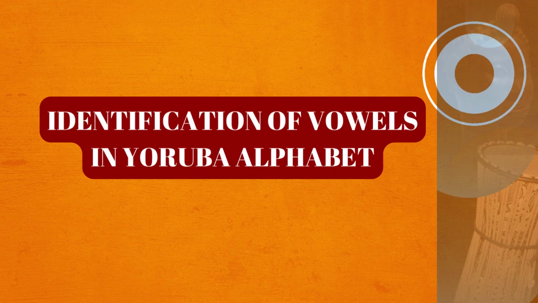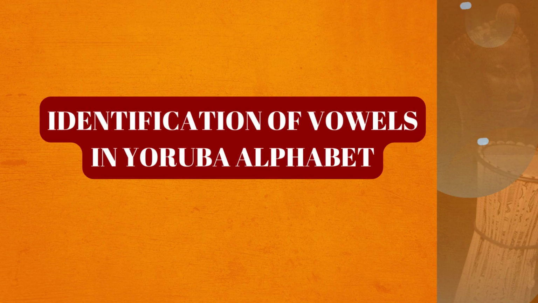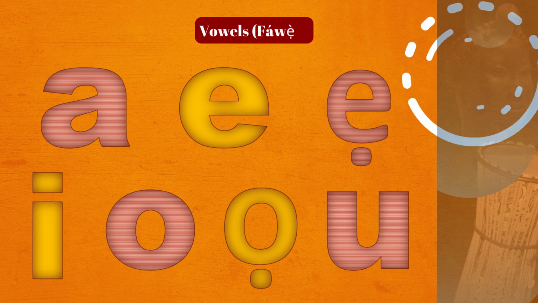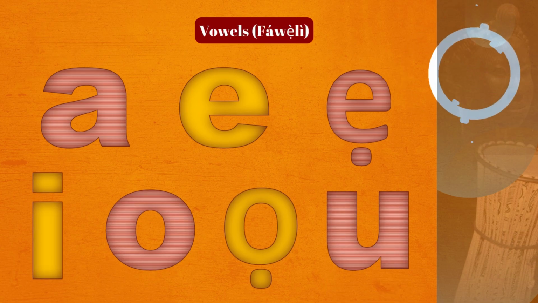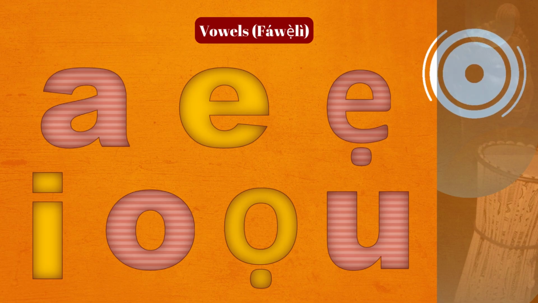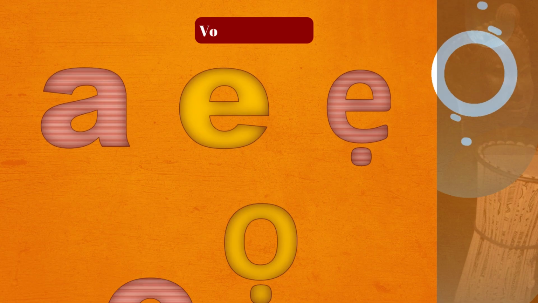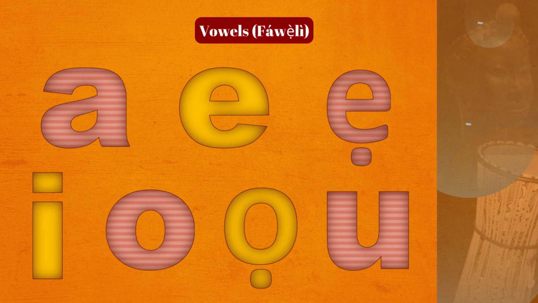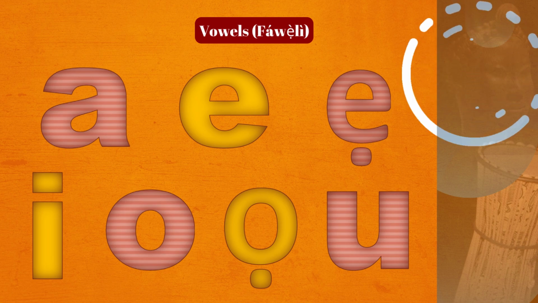Now, identification of vowels in Yoruba alphabet. At the beginning, I said there are 7 vowels in Yoruba alphabet. We have 7 vowels and there are 18 consonants. So these are the vowels, 7 of them.